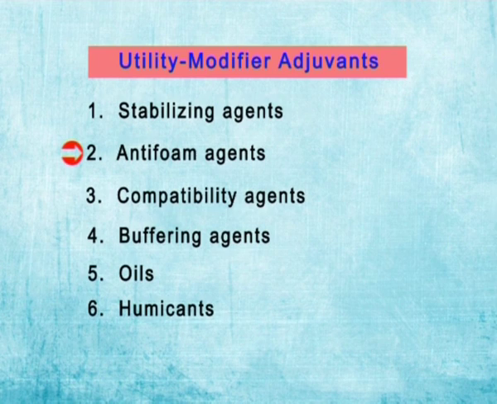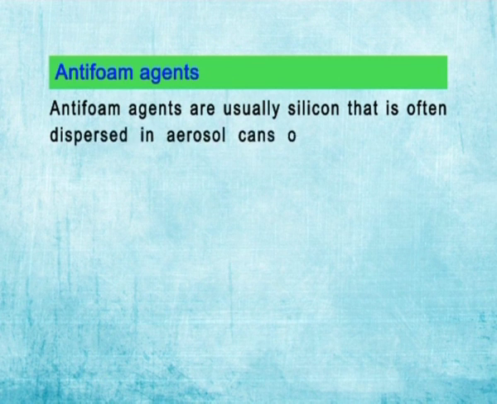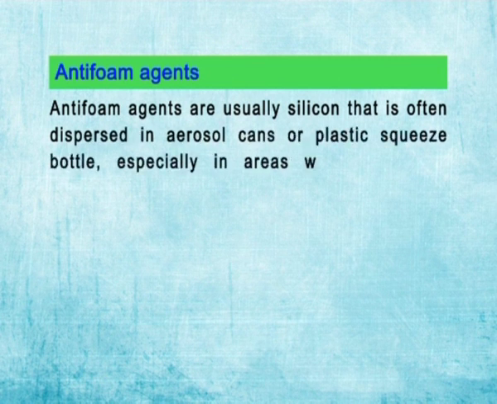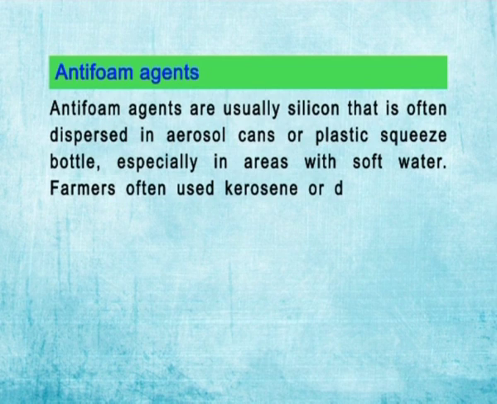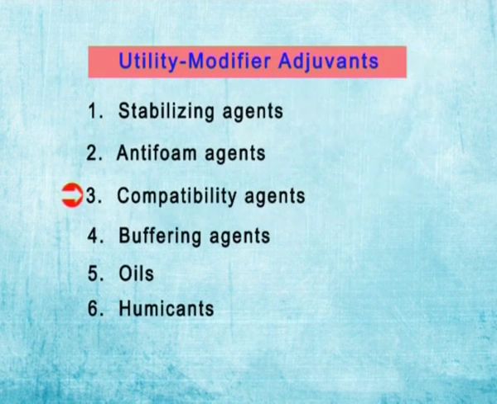Number 2. Anti-foam agents. Anti-foam agents are usually silicone that is often dispersed in aerosol cans or plastic squeeze bottle, especially in areas with soap water. Farmers often use kerosene or diesel fuel at 0.1% for eliminating foam in spray tank. Number 3.